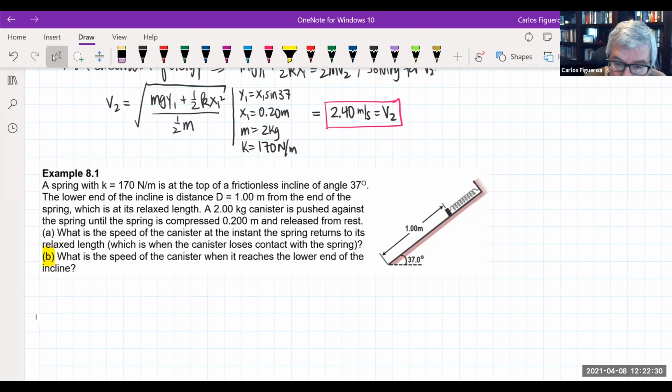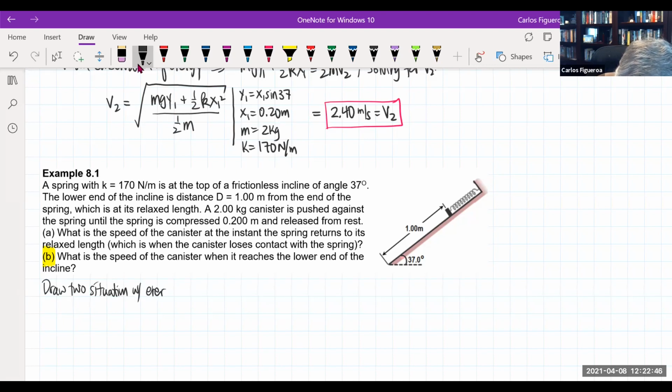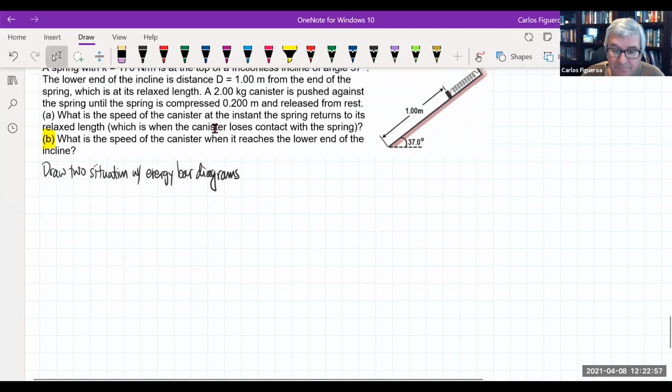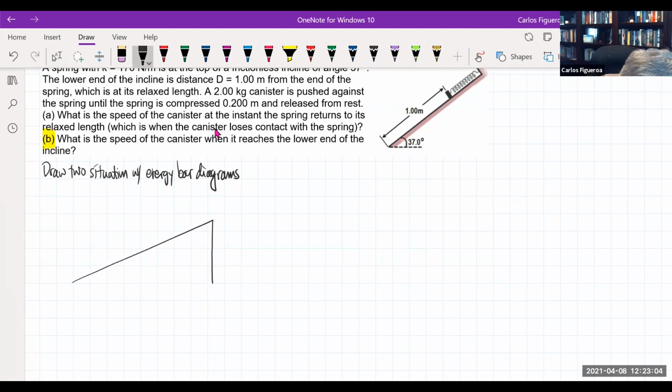So I'm going to draw two situations with energy bar diagrams. The first picture stays with the same picture that we had. Let's draw my incline.